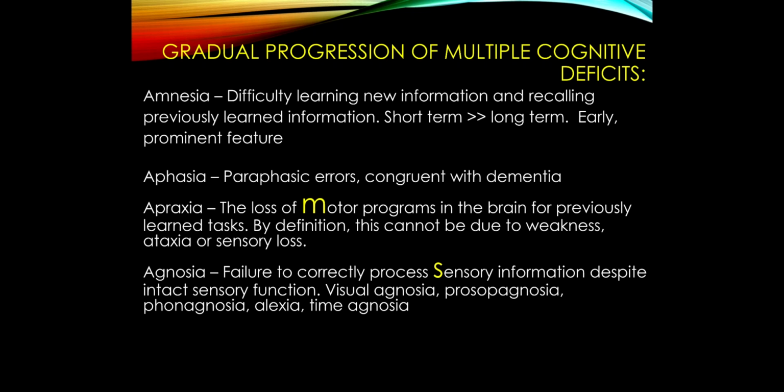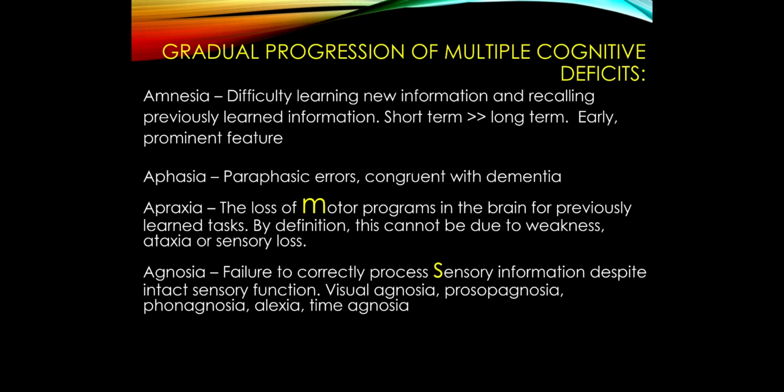An agnosia is a problem, think of it more of a sensory, not sensory loss, but to process sensory information. And so patients can have a visual agnosia where they just are not as good identifying things. Someone used to be really good identifying all the different types of cars, and now they can't do that as well.